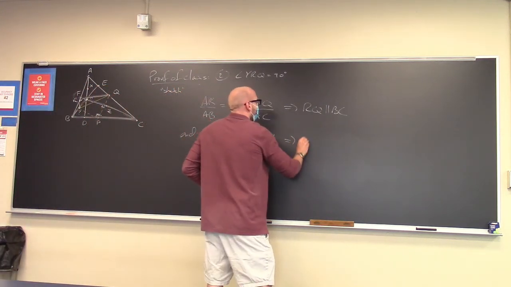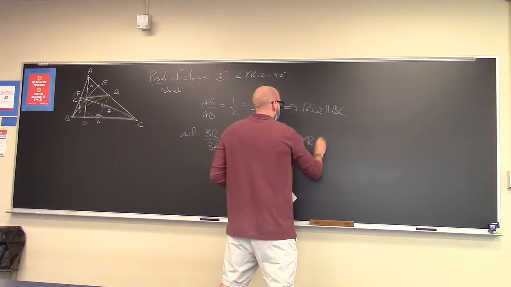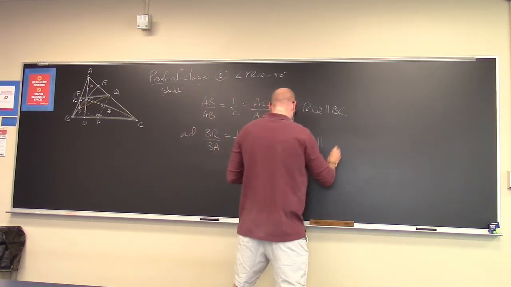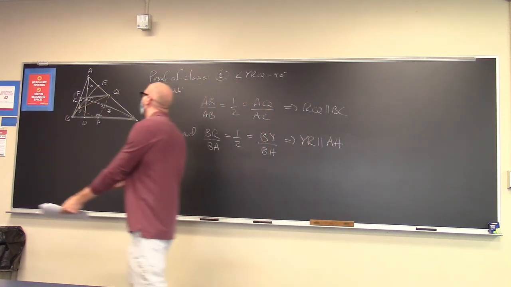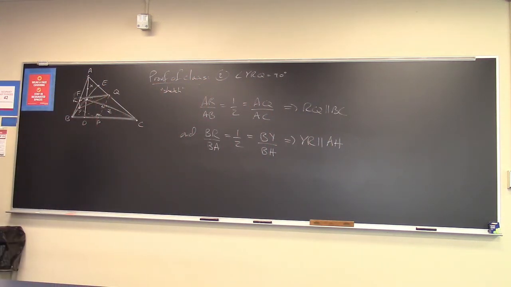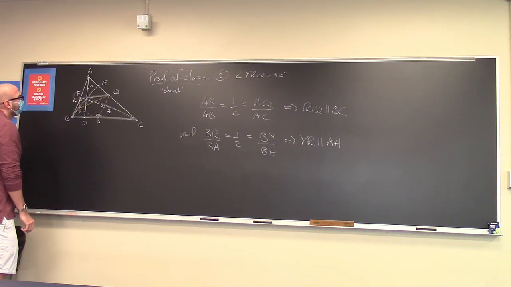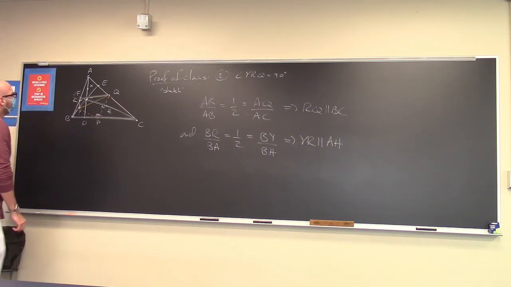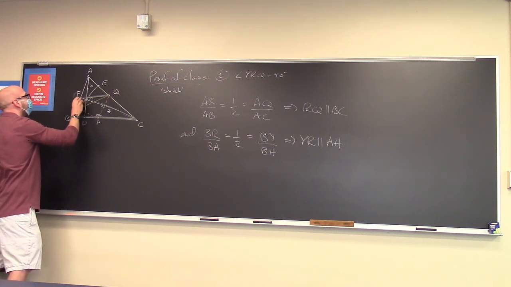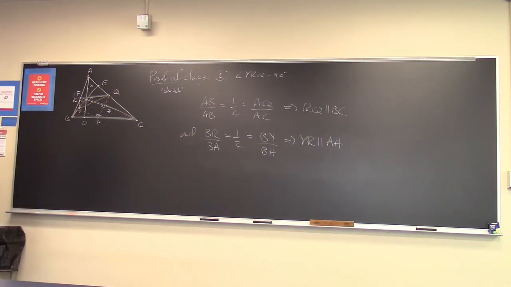So YR is parallel to AH. Is that enough? Is that what we wanted? My picture is very cluttered here. YR, F. Oh, we are looking at this angle.